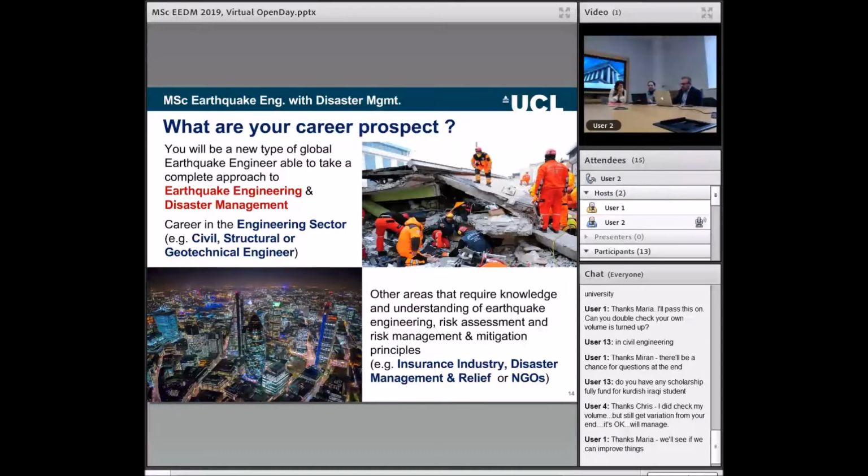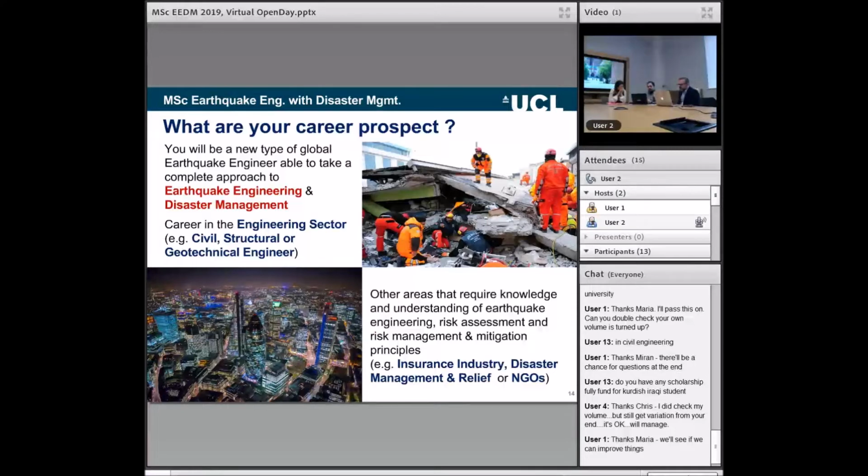So you will be a new type of global earthquake engineer, who can take a complete approach to earthquake engineering as well as disaster management. So companies which deal with the engineering sector, like civil, structural, and geotechnical engineering, are always open to you. I always say that an earthquake engineer is a better structural engineer than a structural engineer, because you will see another aspect of engineering in terms of extreme loading as well.